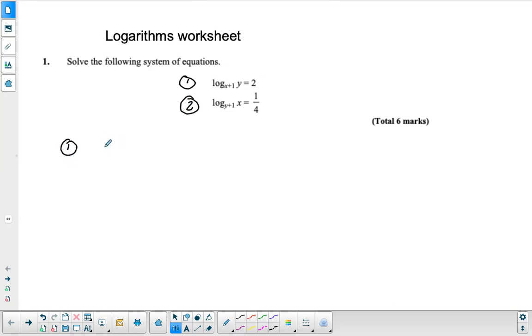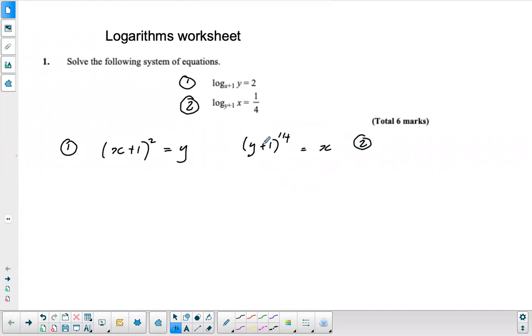We can rewrite equation 1 in a non-log form as x plus 1 squared equals y. Similarly, we can do that to equation 2, which is that y plus 1 to the power of a quarter is equal to x. That's from equation 2.